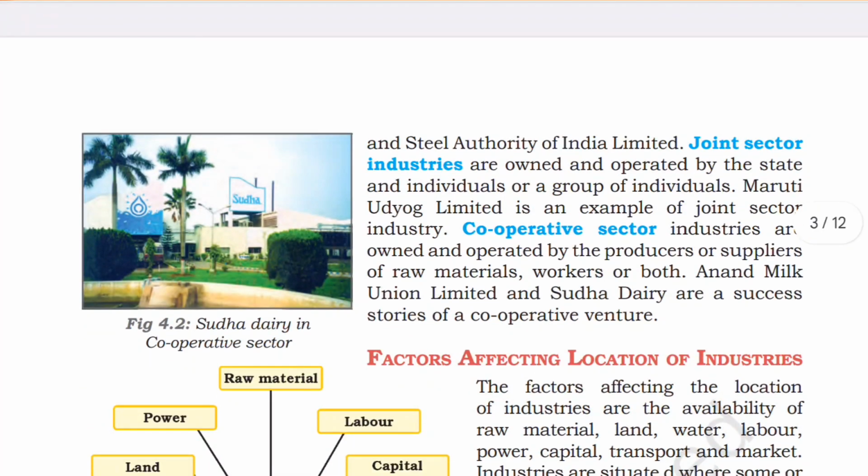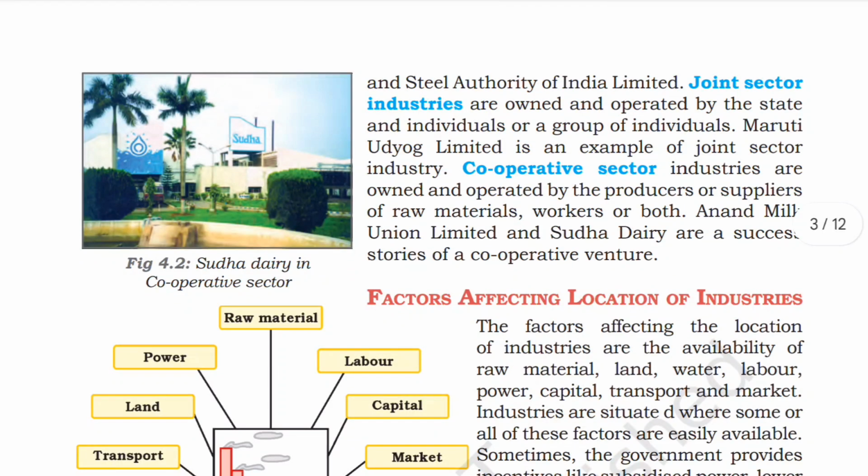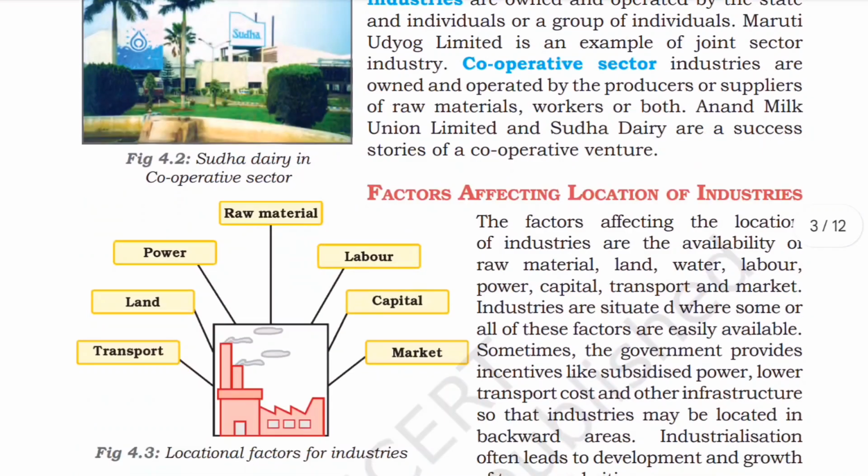Joint sector industries are owned and operated by the state and an individual or a group of individuals. Maruti Udyog Limited is an example of a joint sector industry. Cooperative sector industries are owned and operated by the producers or suppliers of raw material, workers, or both. Anand Milk Union Limited and Sudha Dairy are the success stories of cooperative ventures.